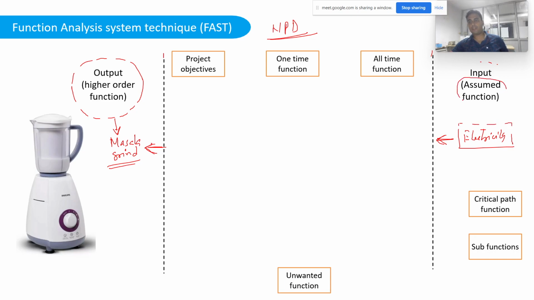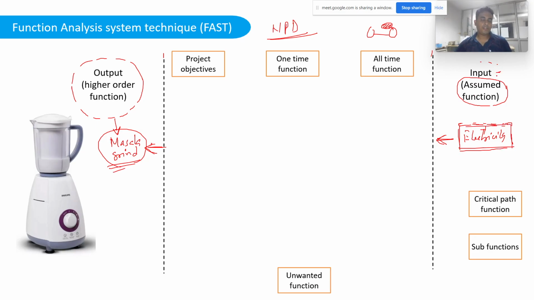It's not like an engineer derived this input. It's like a layman asking why the bike is running, because there is petrol. It is as simple as that. So here also, when you ask why this masala grinder is grinding masala, it is because you are providing electricity. So this is the assumed function, or the input.